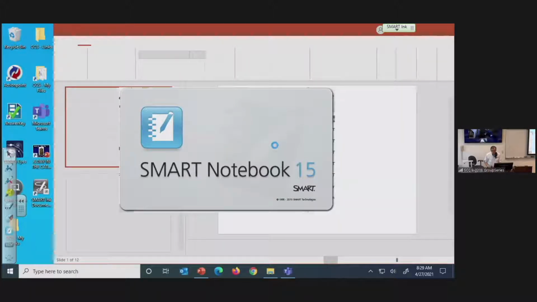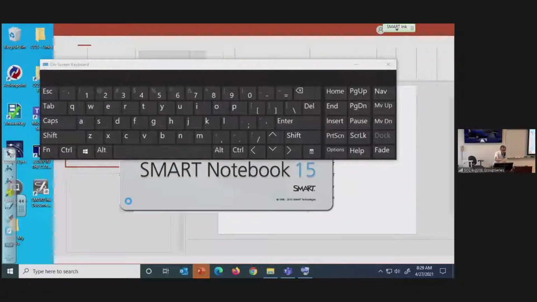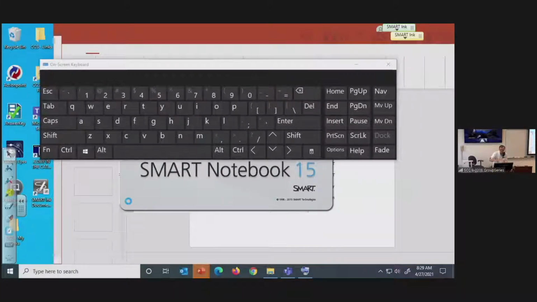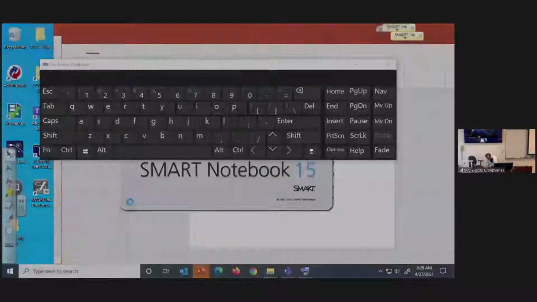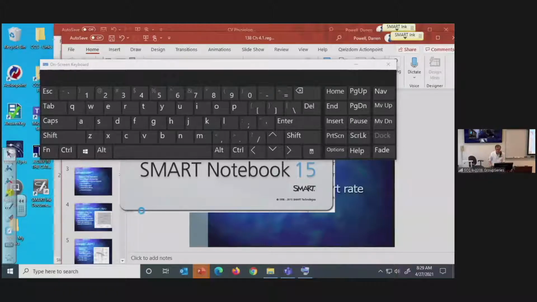Just give me a minute to get this thing going here. Okay, that's what I didn't want. Okay, I need that. Let's see, document camera. We'll go back to PC.